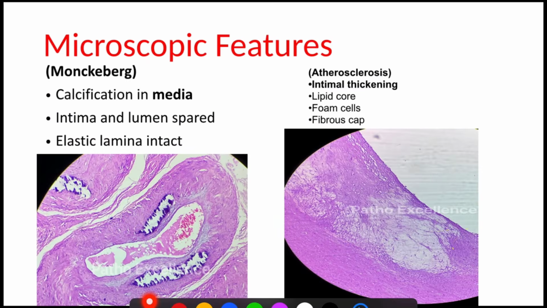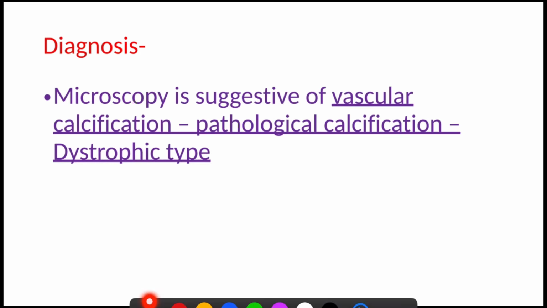So now microscopic features for both the lesions, like here calcification in media, intima and lumen spared, elastic lamina is intact. In the atherosclerosis, there is intimal thickening, lipid core is present, sometimes foam cells and fibrous cap along with the calcification. So these are two types of dystrophic calcification.